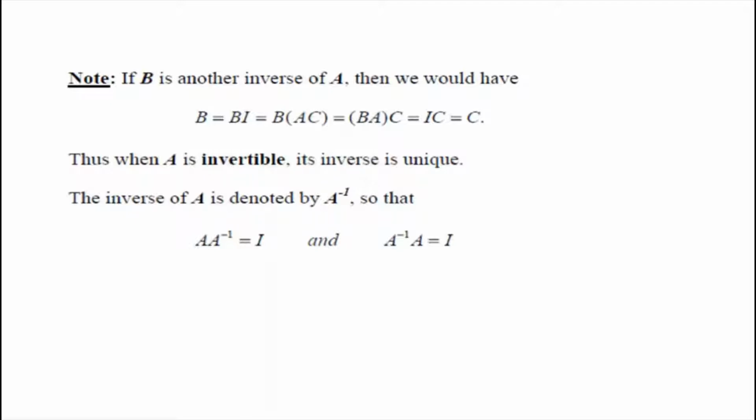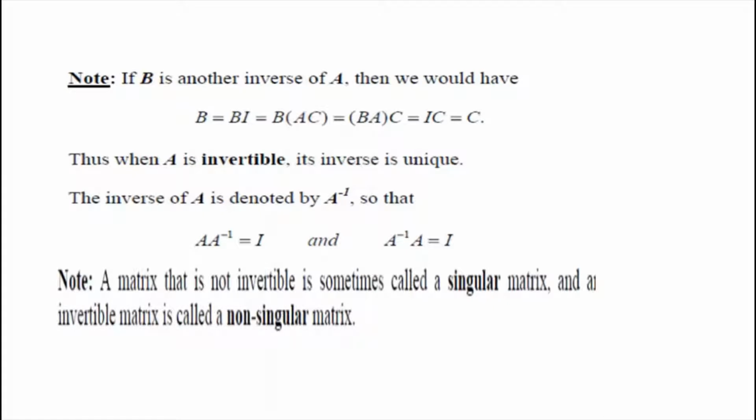The inverse of A is often denoted by A inverse, as shown, so that the product of A with A inverse and the product of A inverse with A result in the identity matrix. A matrix that is not invertible is sometimes called a singular matrix.